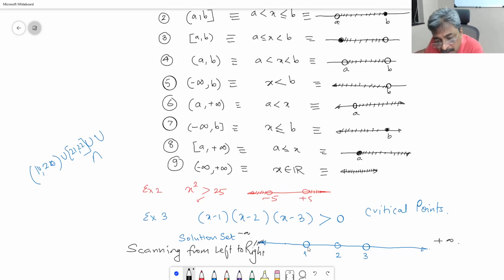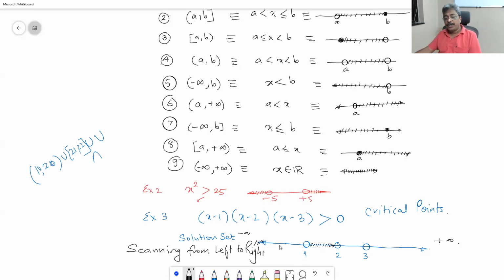Now, if I put something a little more than 1, say x = 1.1, this bracket is positive, this bracket is negative, this bracket is negative. One bracket positive, two brackets negative makes the entire product positive, which is definitely greater than 0. Therefore, all points between 1 and 2 make this inequality true.